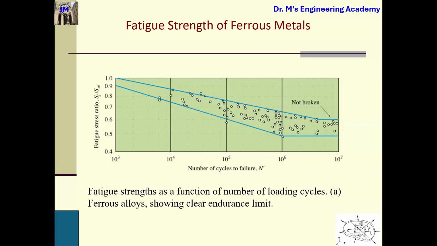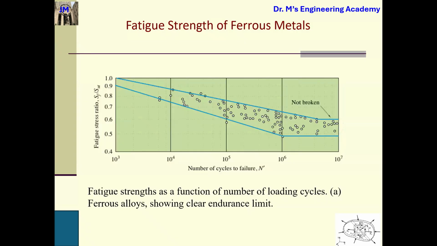High cycle fatigue starts at 10 to the power 3 number of cycles. SE prime is the theoretical endurance limit. We have the theoretical one, and we actually have the modified one. Modified means that we take care of other factors.